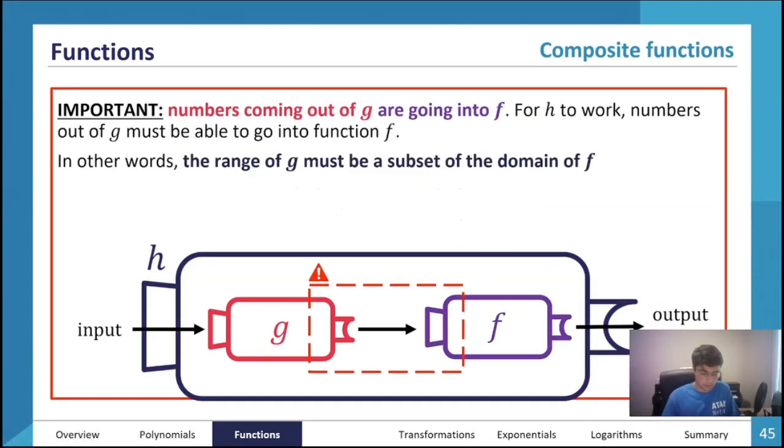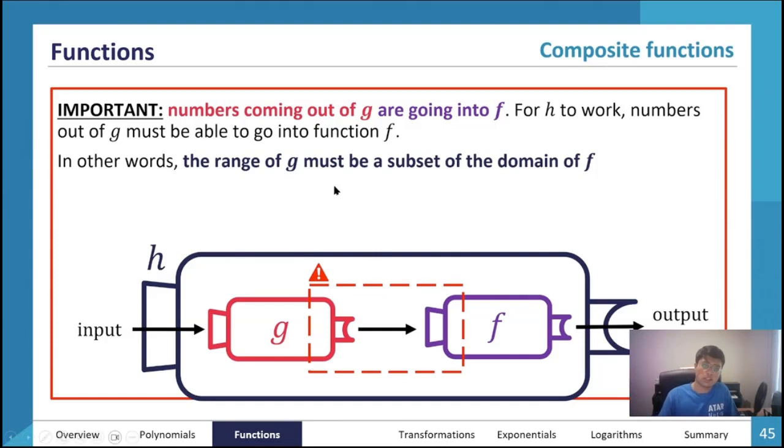One thing to note is that numbers coming out of g are going into f. So for h to work, we need to make sure that numbers coming out of g are even able to go into f in the first place, because remember, functions have domains. They have particular x values that they can take in and give a valid output.